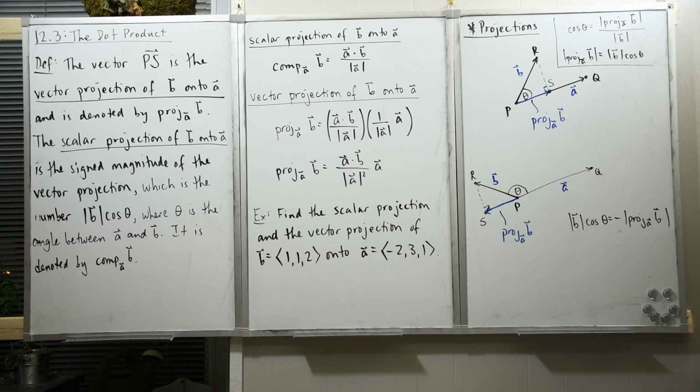One thing to keep in mind is that if you're looking at the projection of b onto a, if the dot product of a and b is positive, then the projection vector is going to point in the same direction as a. And if the dot product of a and b is negative, then the projection vector is going to point in the opposite direction as a.